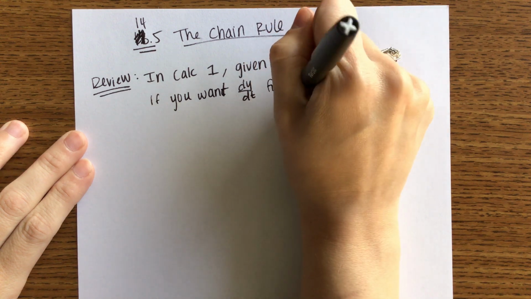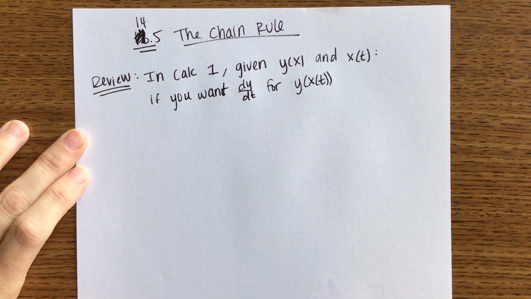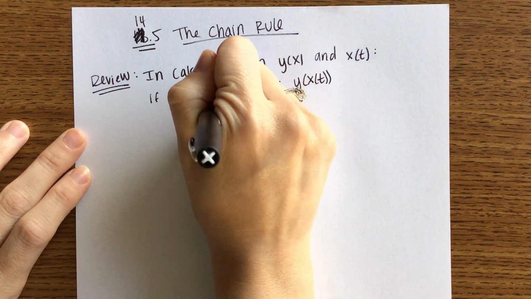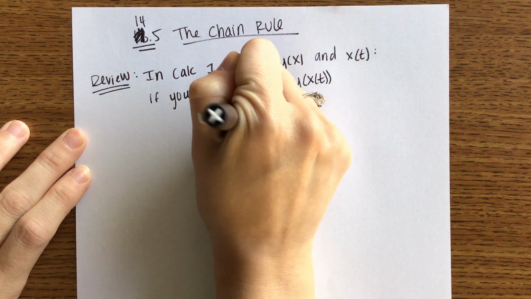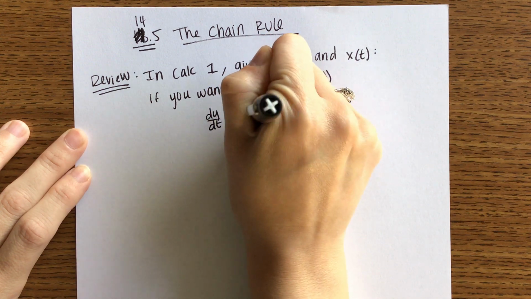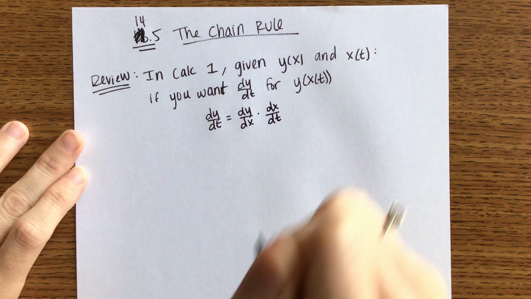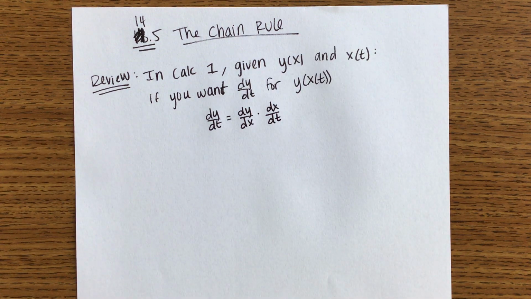For something like y of x of t. So if you wanted dy dt, you first had to differentiate y with respect to x, then you had to differentiate x with respect to t. Does this look vaguely familiar? Mm-hmm. So it's not generally how you think of the chain rule, but it does come up like that.